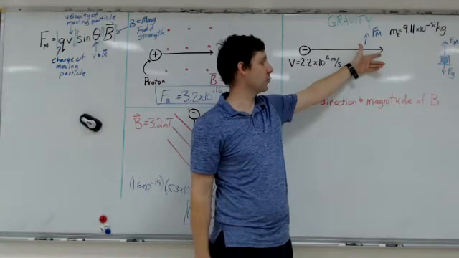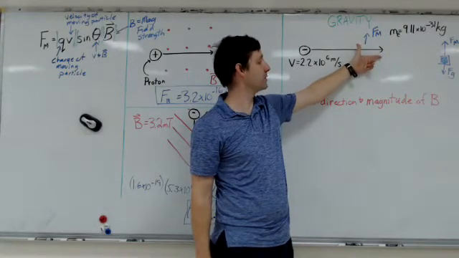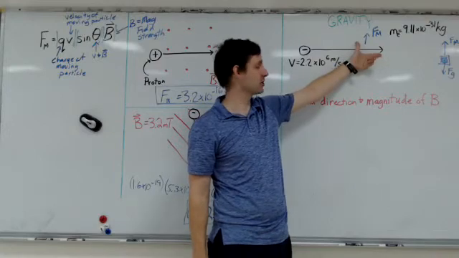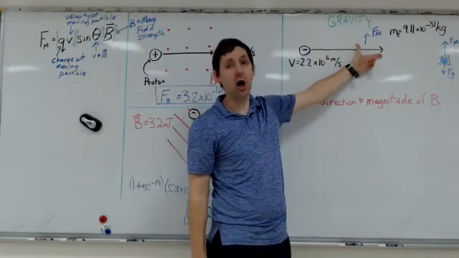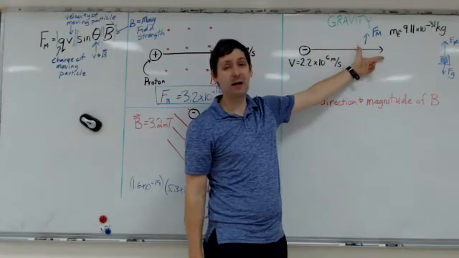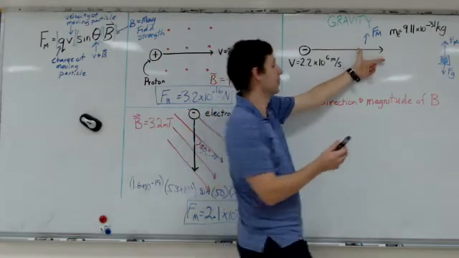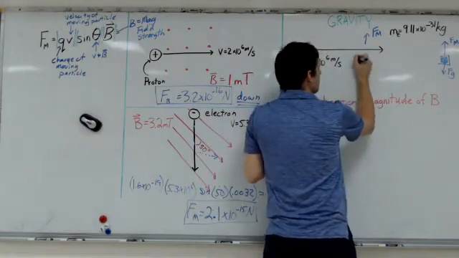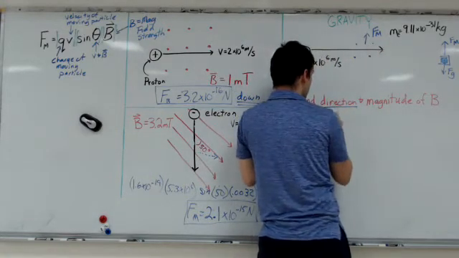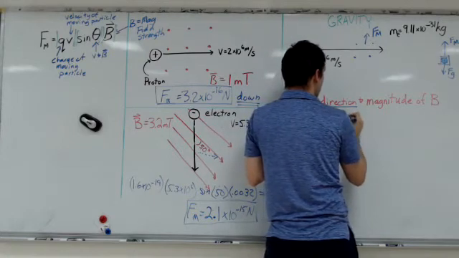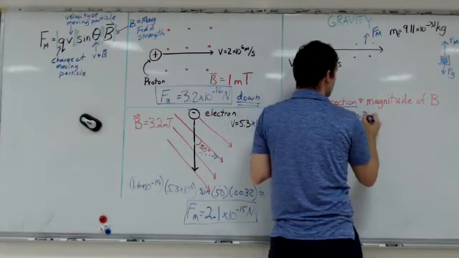You see my fingers kind of wiggling around, and my pointer and my thumb can still be in the right directions. But the easiest situation is to say, well, a component of it has to be out of the page, right? So what direction? Out of the page.